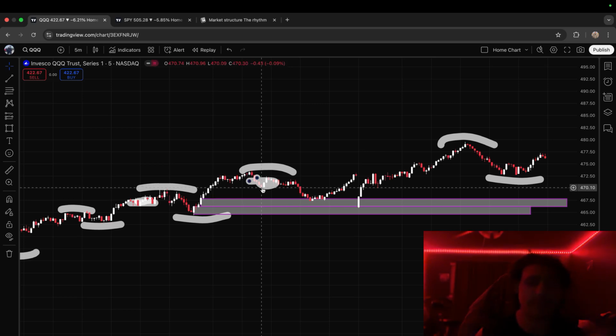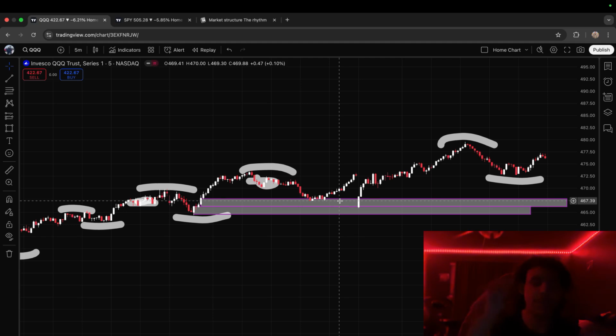An area of demand or your fair value gaps or your order blocks, right? It didn't pull into one of them areas. So what did price do? It faked them back out, stomping them out, right? And pulling back into your fair value gap, right? And ultimately giving a reaction, right? And we did have another pullback into our order block actually, which is why you always have your stop loss at your order block, right?